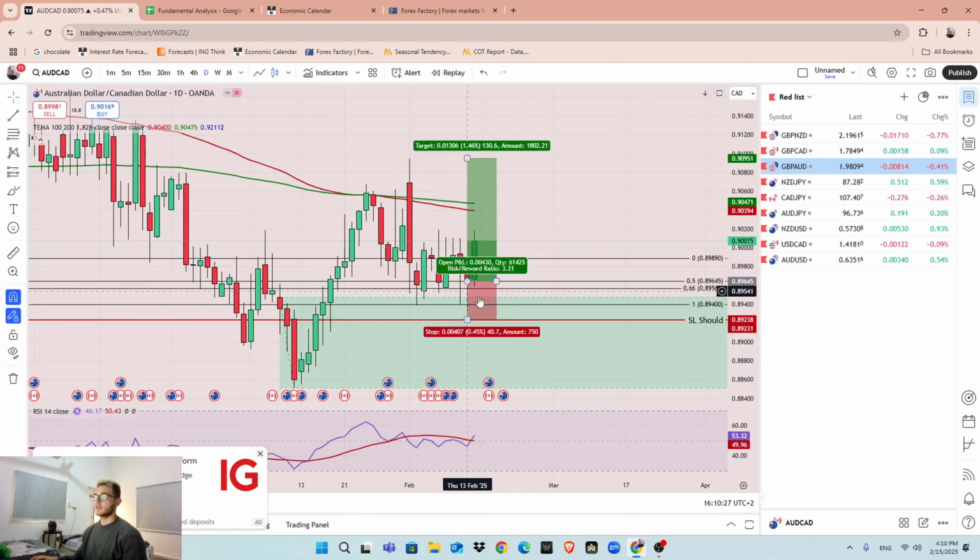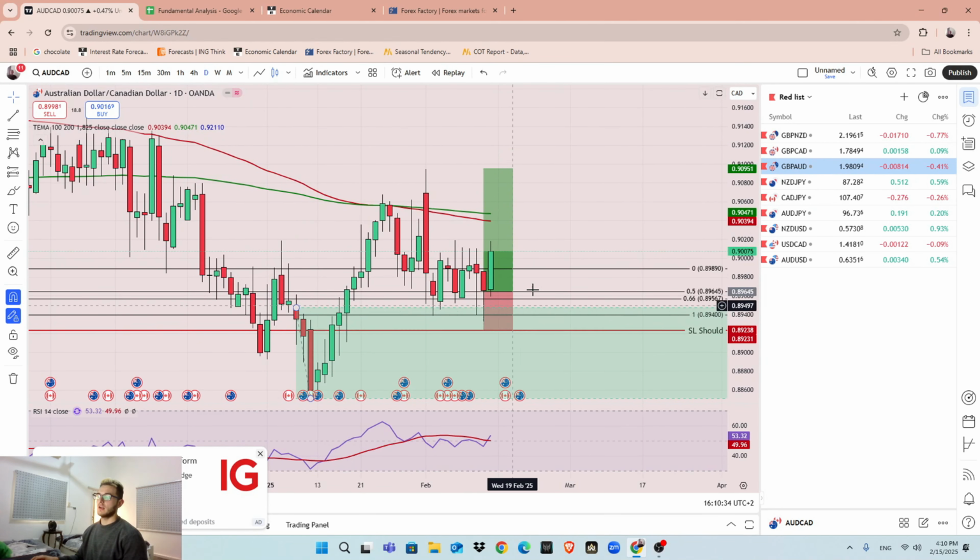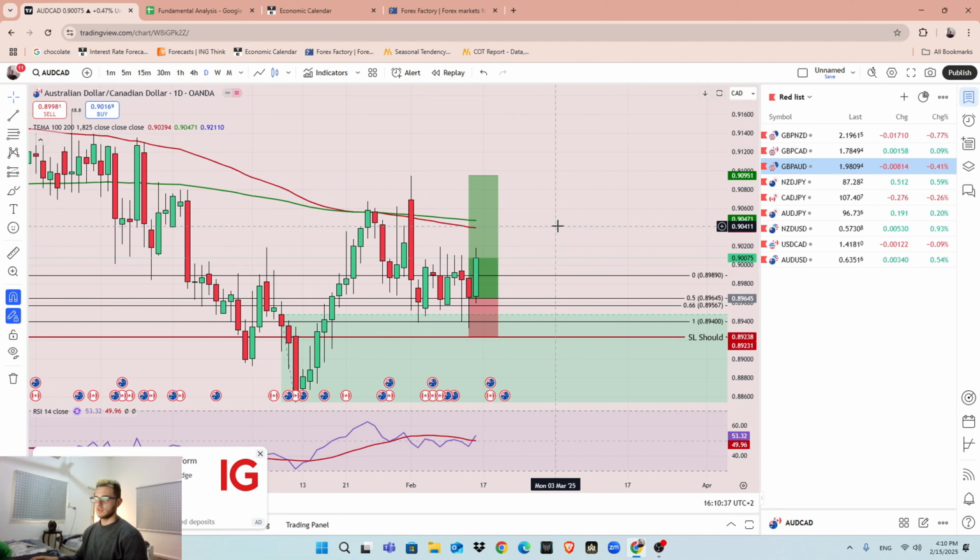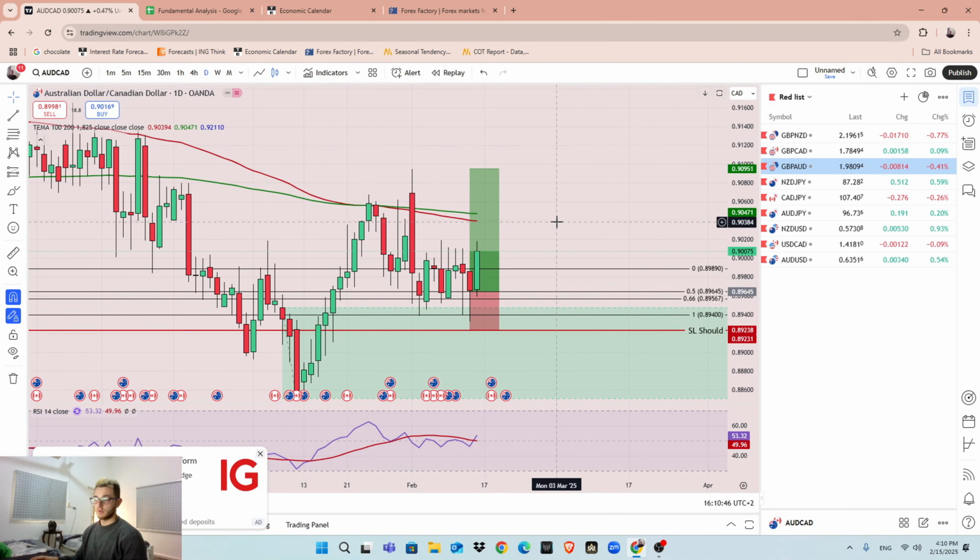But right here there was no data aligning, so there was no news when I was entering. That's why I did not risk much. I lost like 1.5%. The recent trade I made like 15 to 20% on it, so I was going heavy on it. Overall, 2025, very beautiful. I'm up a decent bunch of percentage, and hopefully we will continue this way.